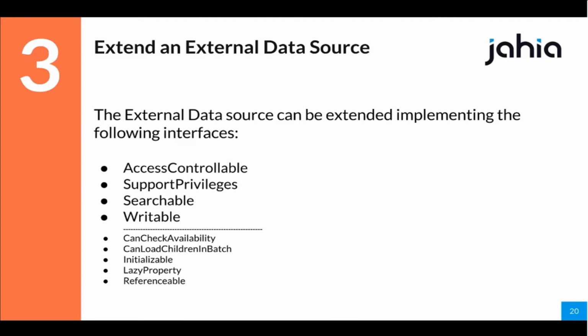With writable, it will be possible for the users to modify the data in your external data system. And for searchable, you will be able to respond to queries so that your nodes can be fully indexed and fully searchable. And then there are a few other ones for performance, for loading children in batch. If it's really a big catalog, you might want to not load everything at once, but just in batches.